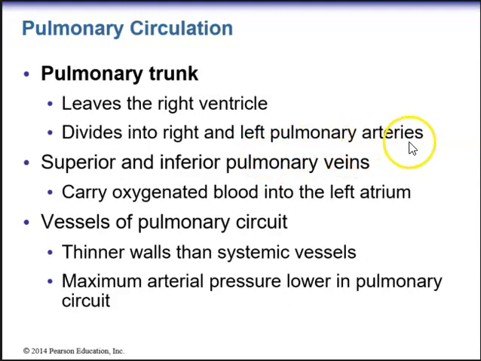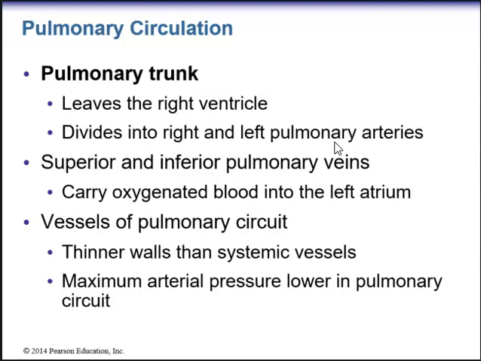Again, these pulmonary arteries are the only arteries in the body that transport deoxygenated blood, or oxygen-poor blood. But it still fits the definition of an artery, in which these are vessels that carry blood away from the heart. So from the pulmonary arteries, blood will be transported to the lungs, where it will get reoxygenated.